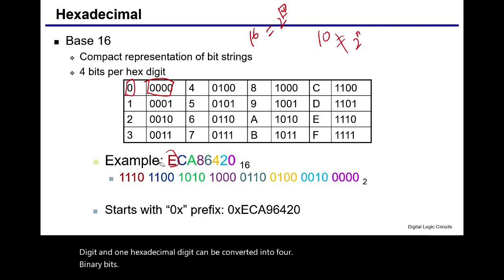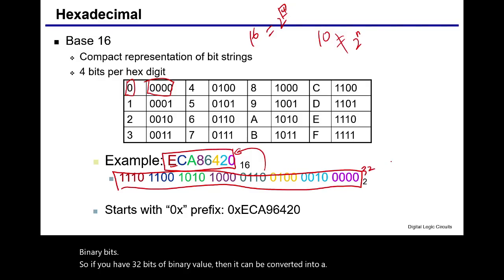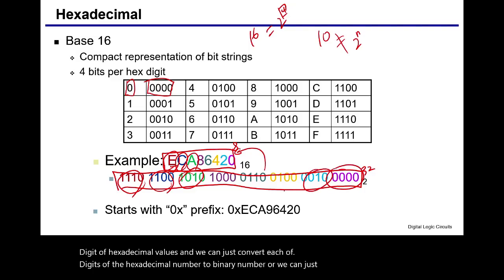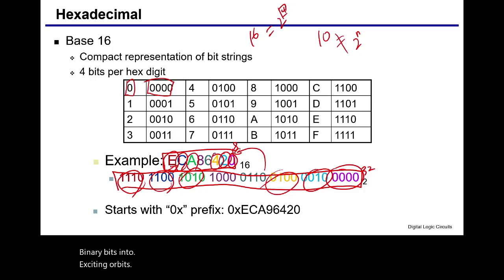So if you have 32 bits of binary value, it can be converted into 8 hexadecimal digits. We can just convert each digit of the hexadecimal number to binary, or convert each group of 4 binary bits into a hexadecimal digit, right?